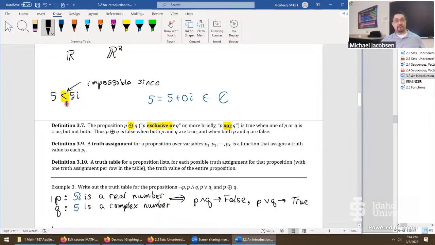So this comparison right here is impossible since C has no order structure with the less than operator. So if this is an impossible statement, that means it doesn't really have any chance of being true. This would just be false altogether.